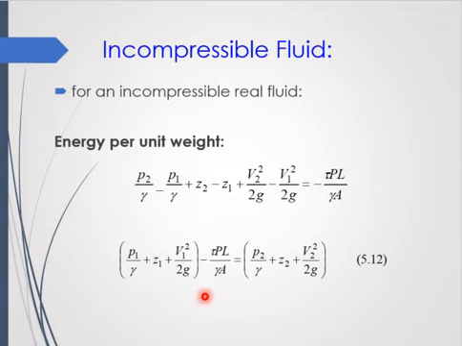The dimensions of this energy loss term are length only, which agrees with all other terms in this equation, and so this is a form of head. This whole term tau PL over gamma A is a form of head.